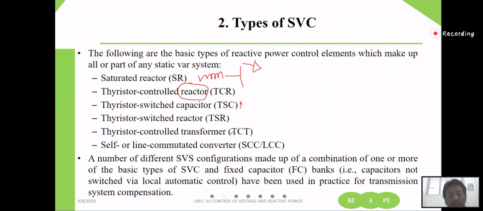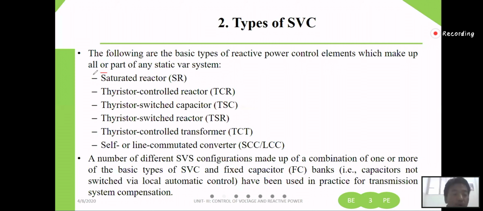Then thyristor controlled transformer, and then another one in power electronics. I think you are now studying the power electronics application, but power electronics you have already completed. So you might have heard about self or line commutated converters, SCC or LCC, right? Now these are the basic different types of SPC, which will be used to control the voltage and at the same time improve the power factor.